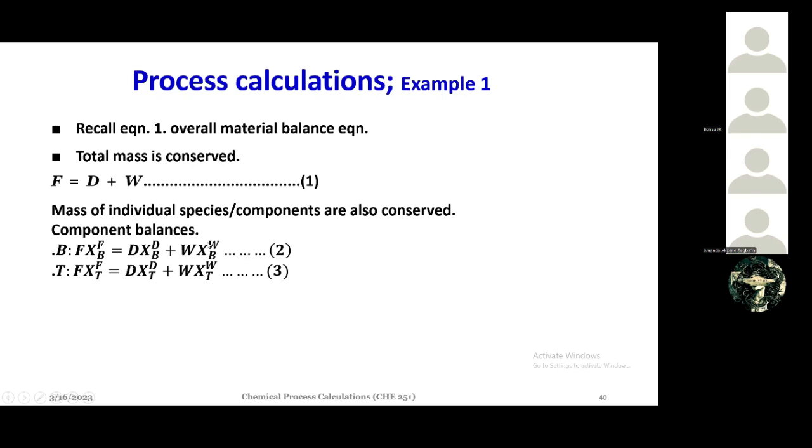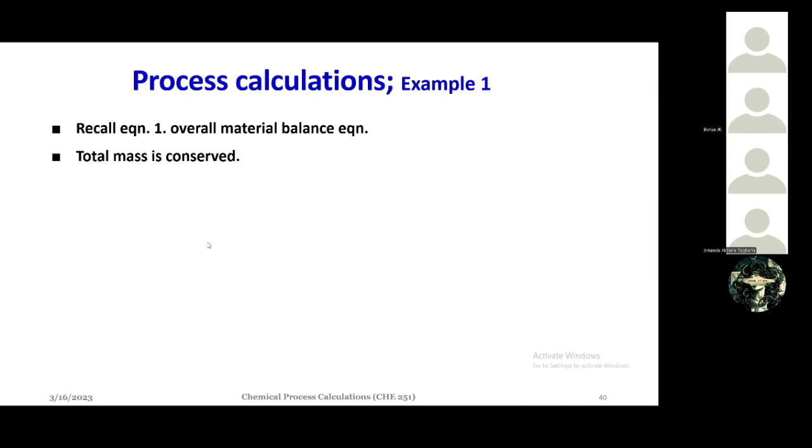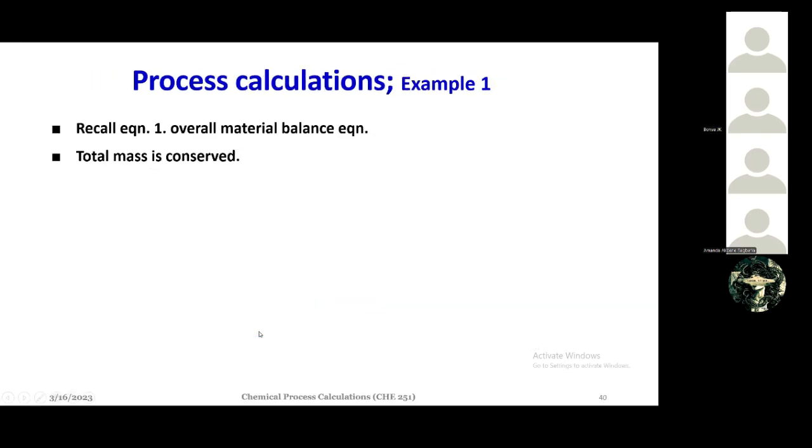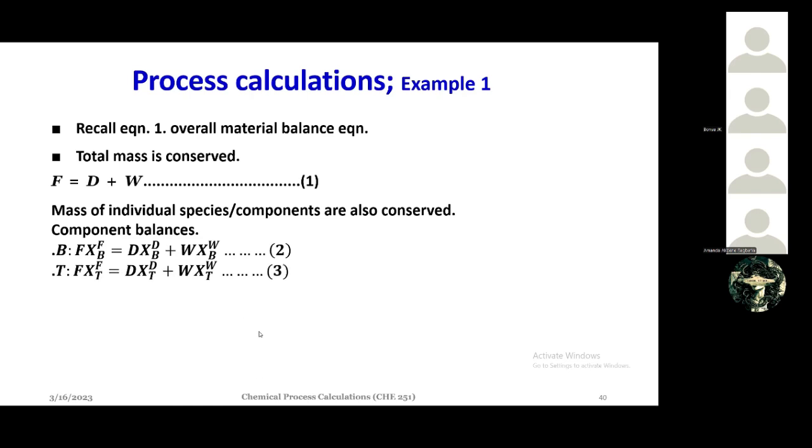So when you want to perform your degree of freedom analysis, the number of independent material balance equations should be equal to the number of components you have. The number of components is 2, so the independent number of equations is 2. To understand it properly, even though you have 3 equations, when you sum equations 2 and 3, what do we get? We will get F x_BF plus F x_TF.